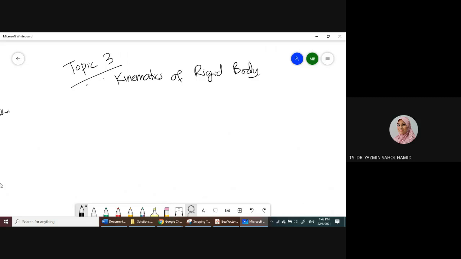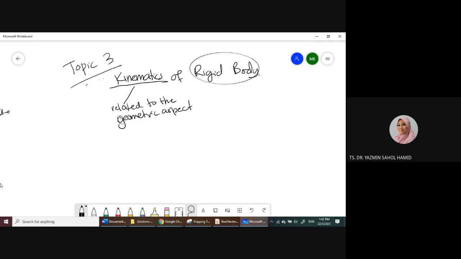Now, before this, we have been doing questions that are only related to particles. Now we're doing questions related to rigid body, but now we're doing kinematics. Can you remember what is the difference between kinematics and kinetics? Kinematics is related to the geometric aspect, remember?